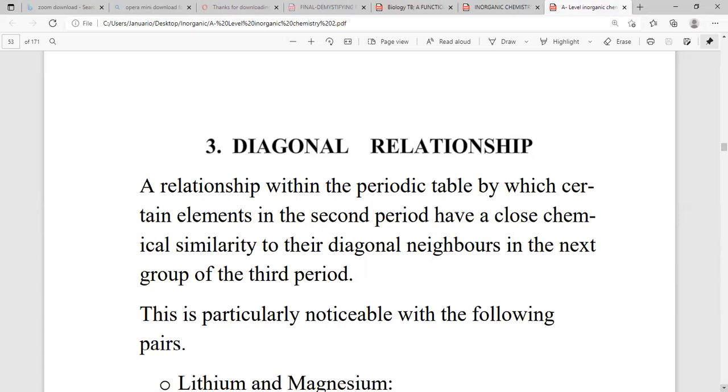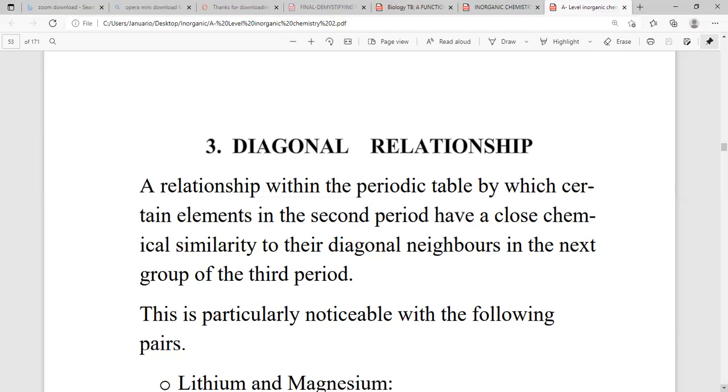Look at lithium in group 1 and magnesium in group 2. These are in diagonal positions. This relationship within the periodic table is one by which certain elements in the second period have a close chemical similarity to their diagonal neighbors in the next group of the third period.